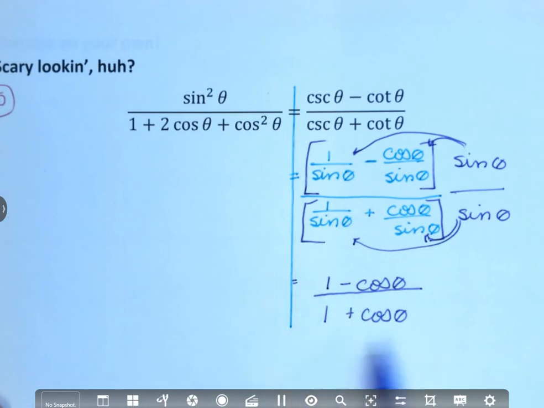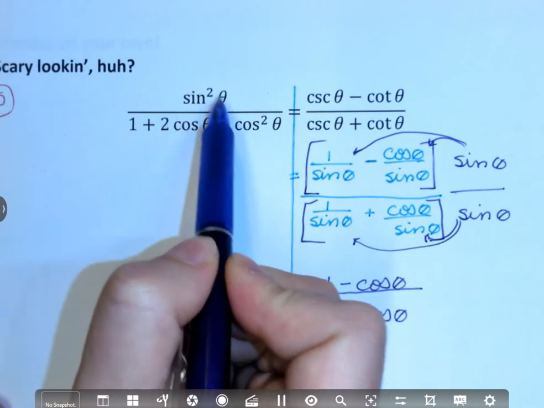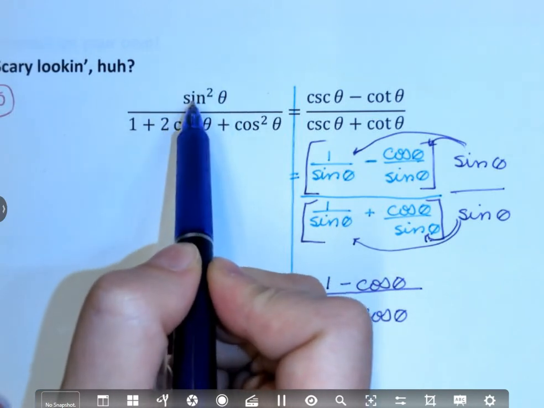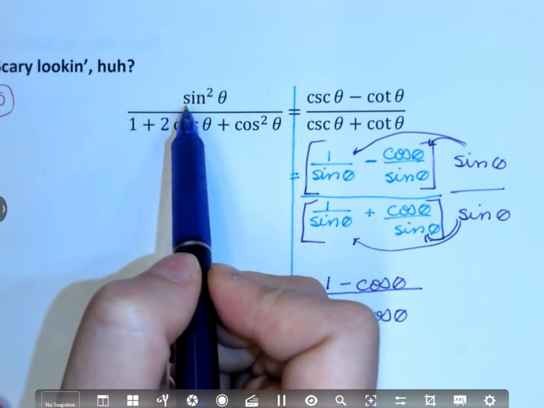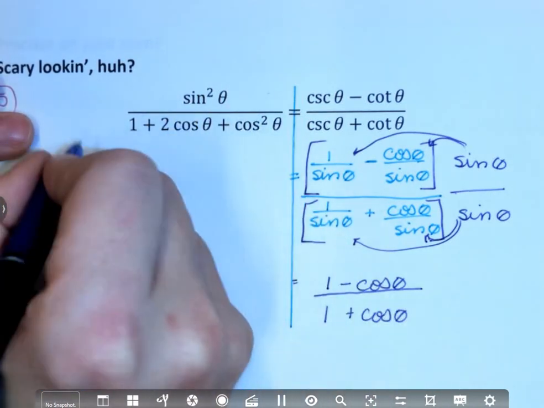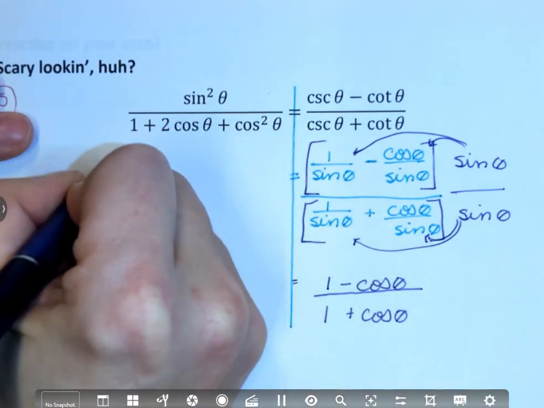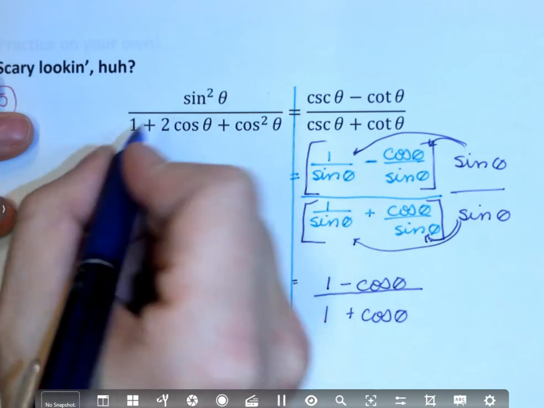If I look at this side here, I only have cosines. Do you recognize what I'm talking about? Only cosines here. Do we have any way to rewrite sine squared so that it's in terms of cosines? This is going to be 1 plus or minus? Minus.